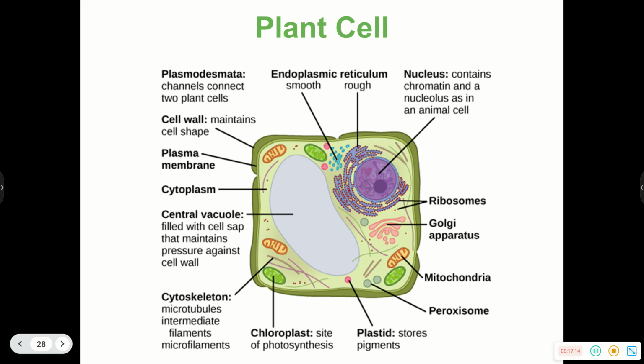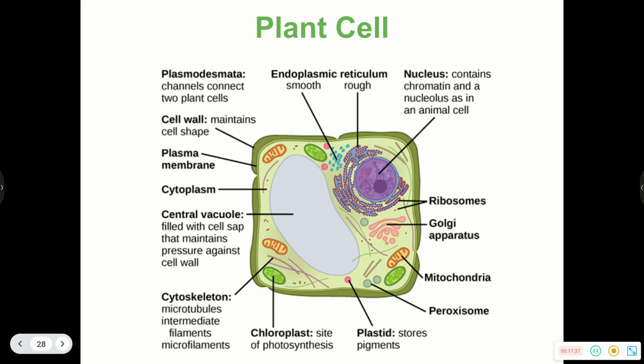It does this by removing or bringing in water to the cell itself. Okay, and if there's too much water, it'll take water out and expel it from the plant cell so it does not burst. And then if it's dry and it starts to shrivel, it starts to close in on itself, then it'll try to bring water in if it's available.